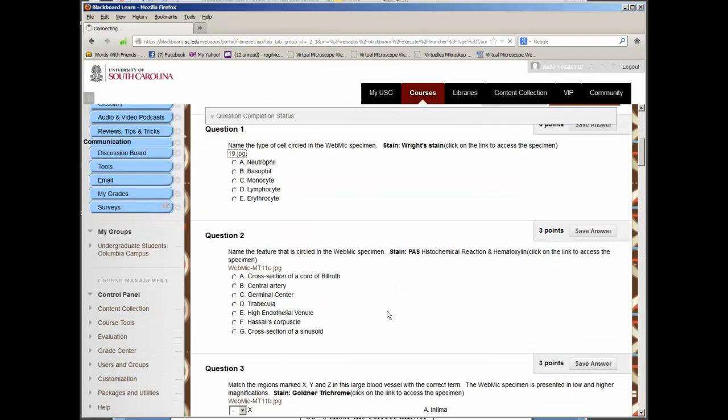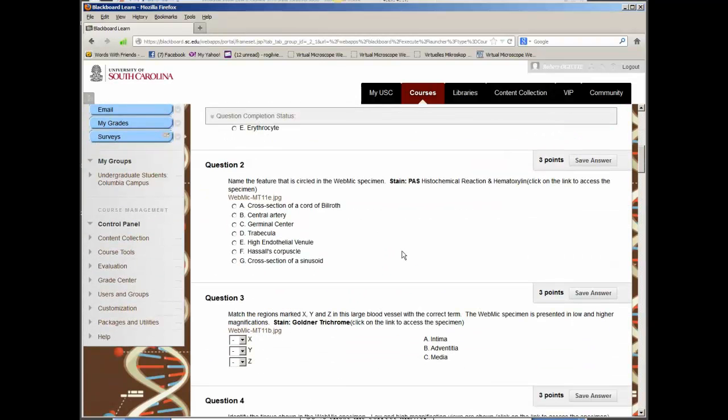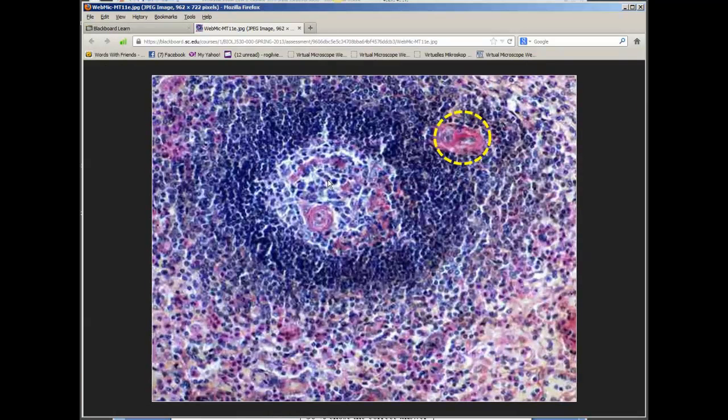Now, a second question was: name the feature that is circled in the web-like image. And in this case, the structure circled is a central artery in the spleen. One of the things you're learning in this course are patterns, and this is a clear pattern of a lymphatic nodule with a light germinal center with this arteriole off to the side.